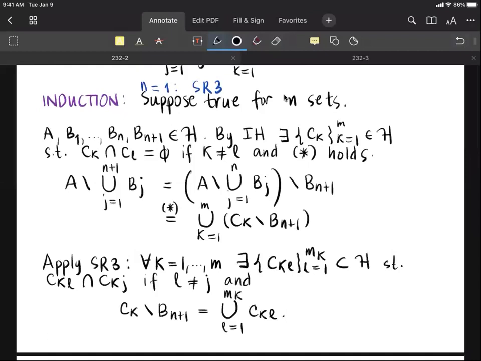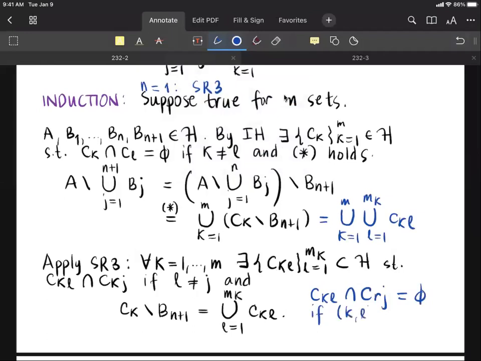Okay. Now, if you put this in this equation, you will now have a finite union of pairwise disjoint elements of the semi-ring, C sub kl. And note that C sub kl intersection, let's say C sub rj, is empty if the pair kl is not equal to the pair rj.